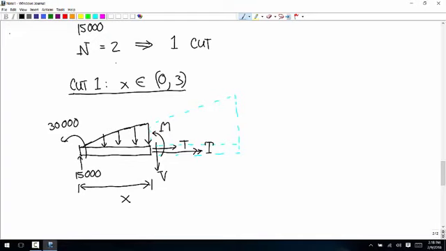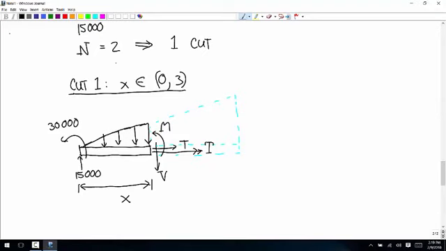But that's not the same as it is here. In general, the magnitude of that distributed load at the right end of our cut is going to be somewhere between 0 and 10,000, and it's going to depend on x. So we just need a way to represent what the value of that distributed load is at the value x.